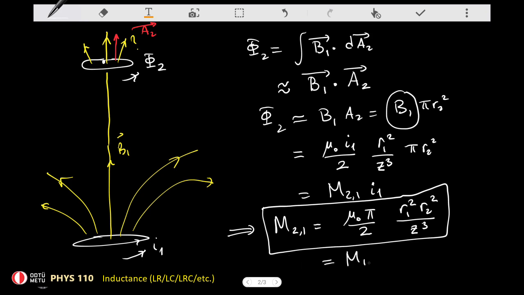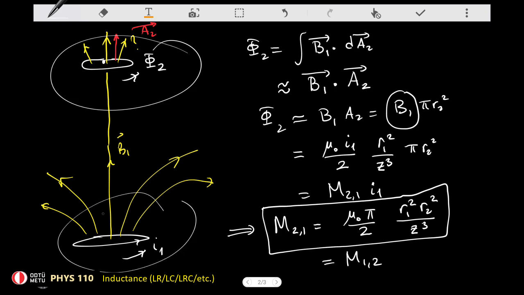So if I computed M12, that's basically the flux produced by the second circuit on the first one. So basically there is a current in the second circuit and the flux is computed on the first one. We are going to get the same thing because of the symmetry in here. You can easily see that this is the case. So therefore, this is a situation where we can see that the mutual inductance is the same either way.